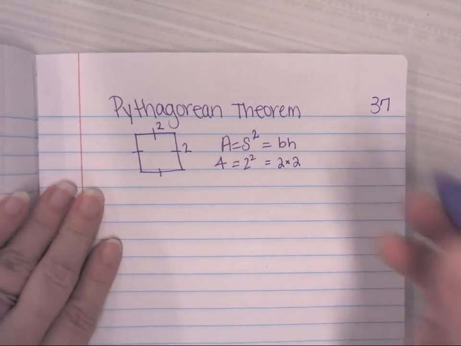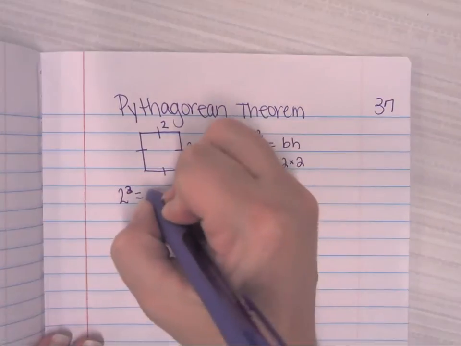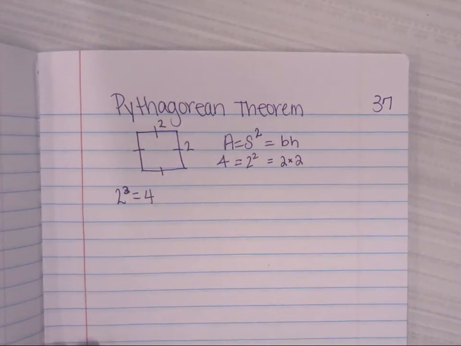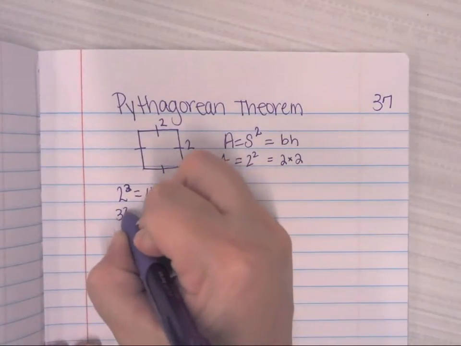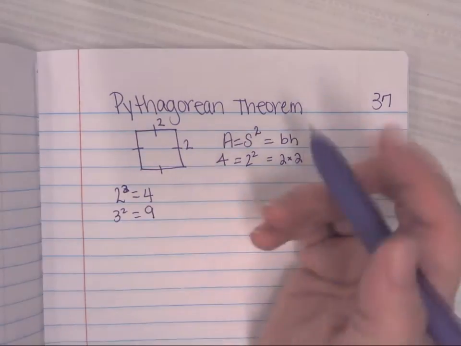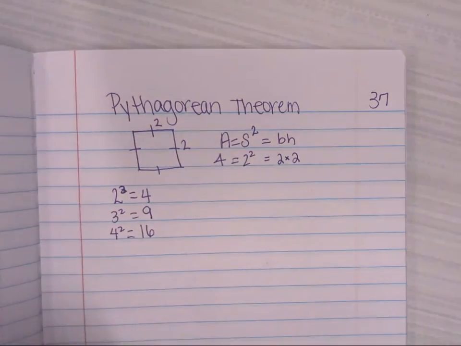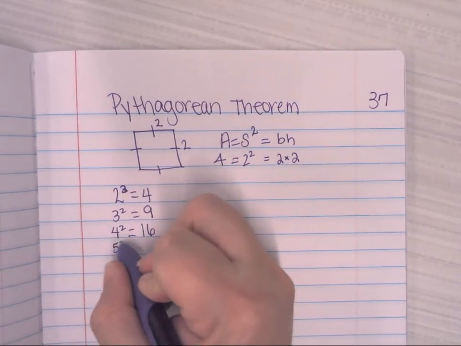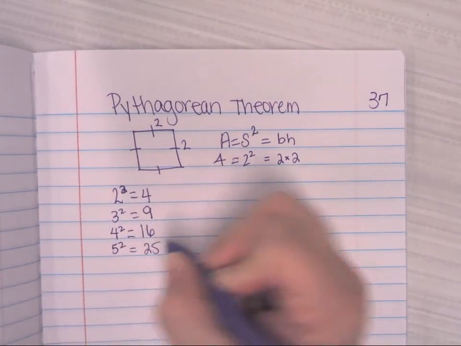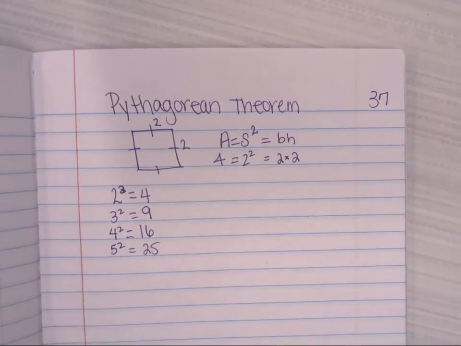So I know that 2 squared is equal to 4. It's a perfect square. 3 squared is equal to 9. 4 squared is equal to 16. 5 squared is equal to 25, and so on. That's the square.